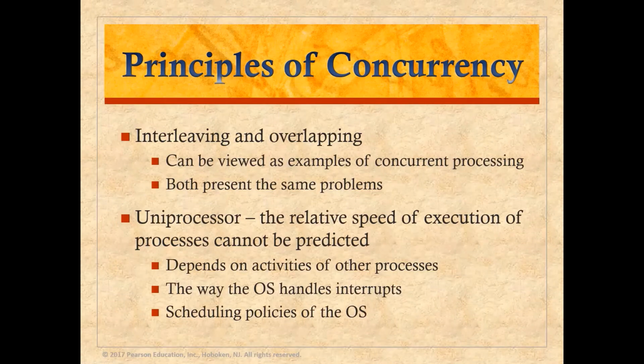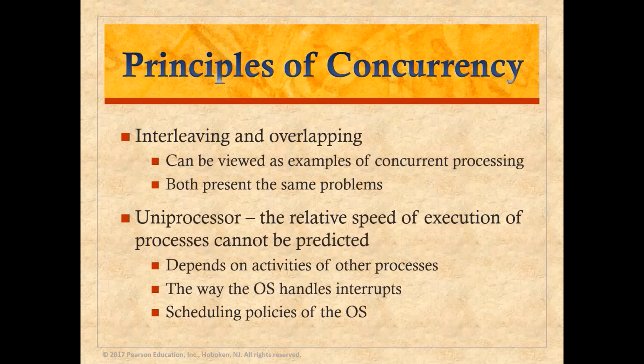Now we see the principles of concurrency. There is interleaving, meaning we can switch from process A to process B to process C. Basically we can set it to time out. And also overlapping.